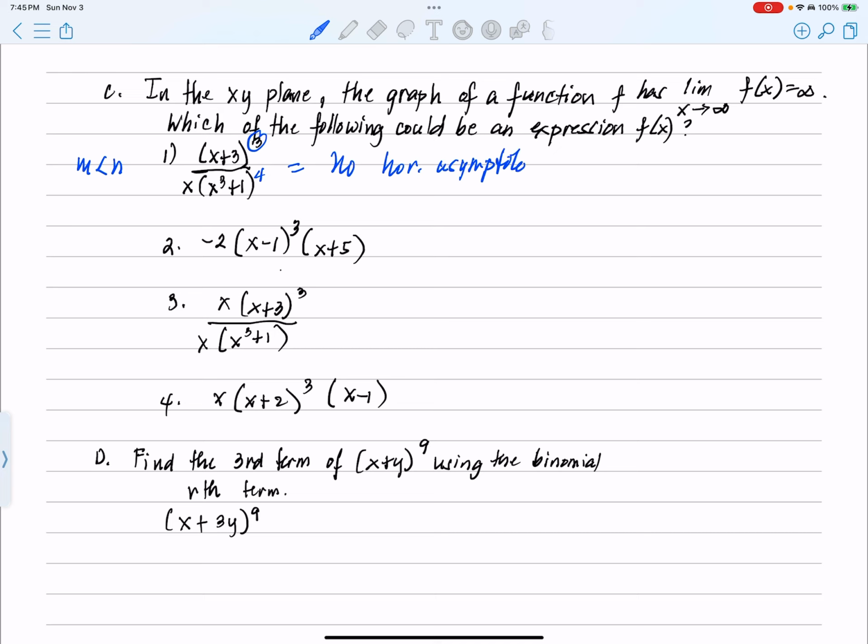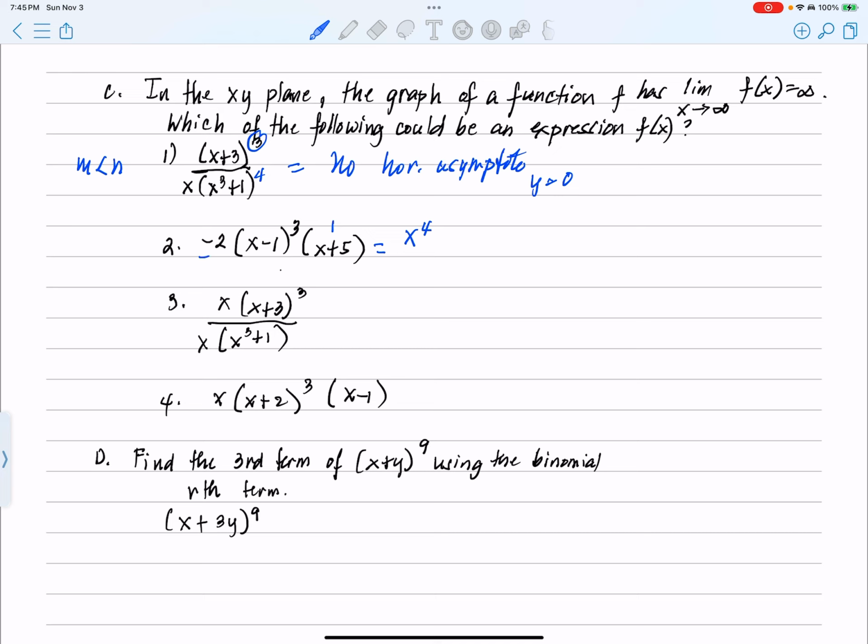And that is when it's less than the y equals 0. In this case, negative 2x to the third, then x to the first power, we have a degree of x to the fourth. And the leading coefficient is negative.